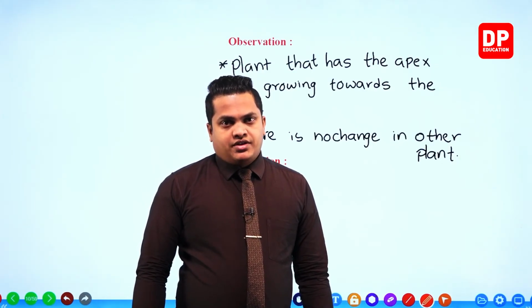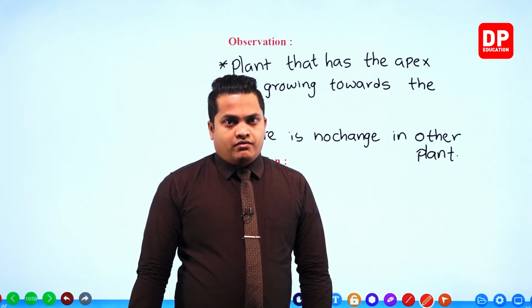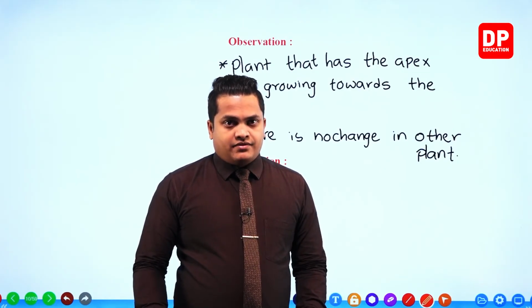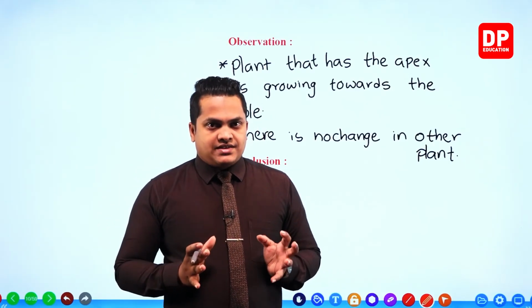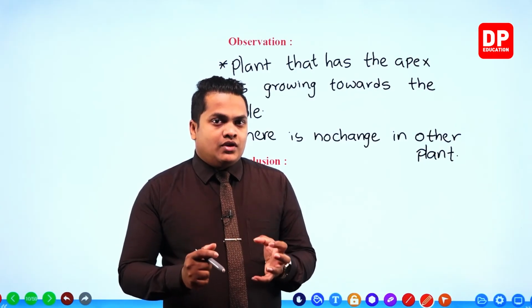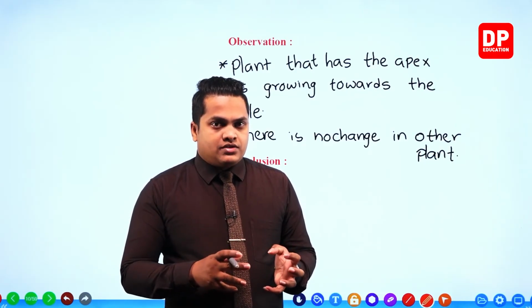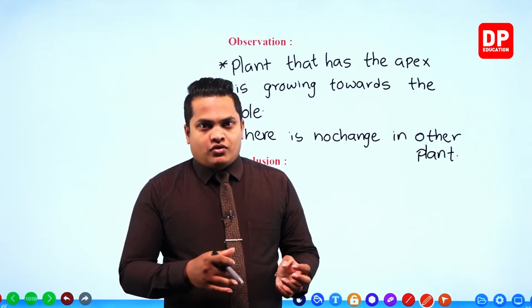Our conclusion is, by doing these two activities, we discussed at the beginning of this lesson part that we are going to find out the influence or the effect of the apex on the growth of the plant.